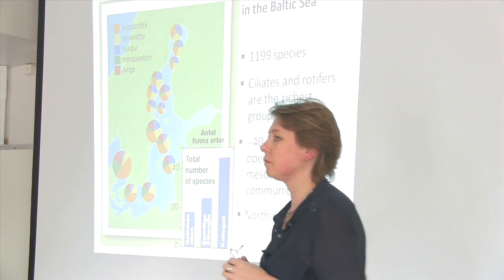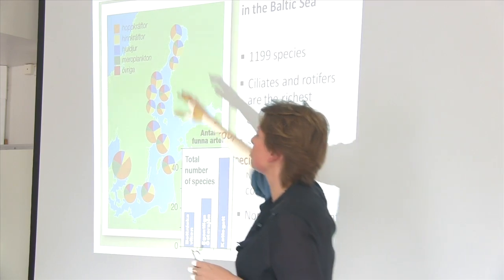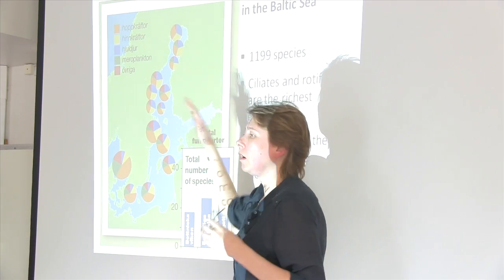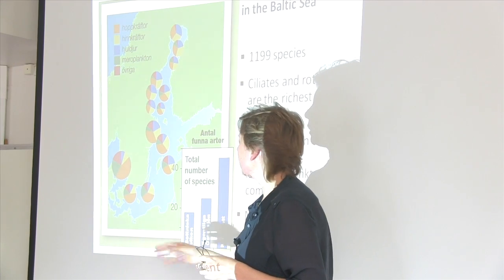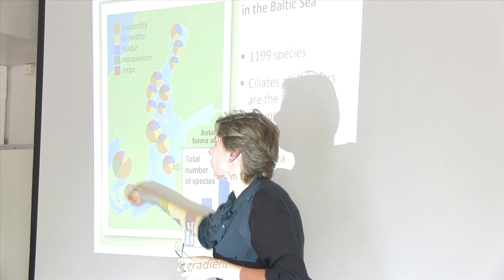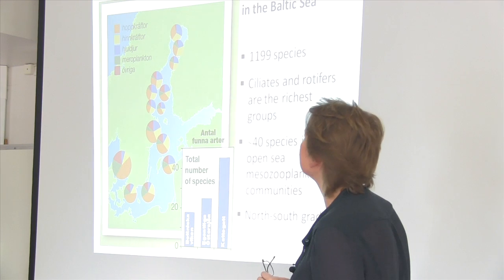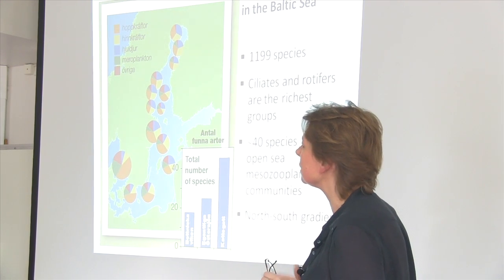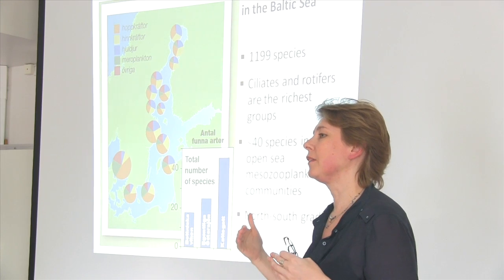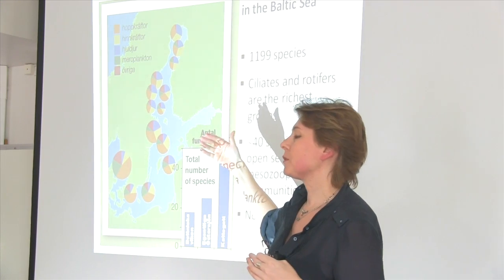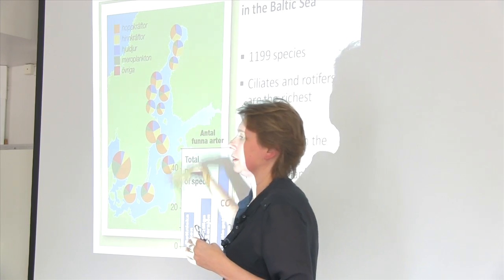Rotifers are normally limnetic species, so their contribution here and even here is measurable. Contribution in the southern Baltic and in Kattegat is almost non-existent. Again, this is in terms of the number of species. In terms of the biomass, it would be an even stronger trend.